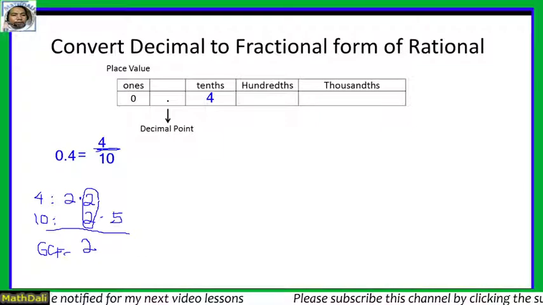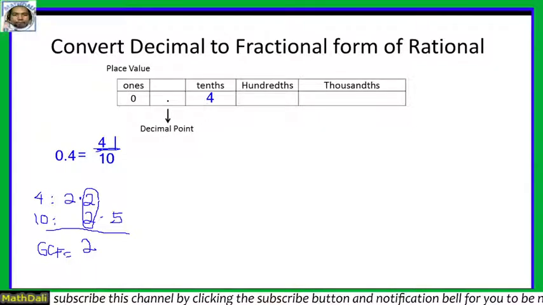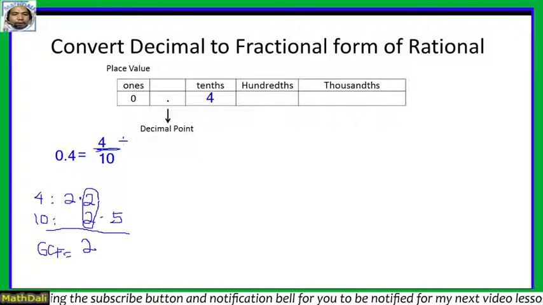So, yan yung i-divide natin both numerator and denominator. Lalagay natin dito. So, yung 4, i-divide nyo yan sa GCF. So, divide natin to. 4 ng 2. Ganon din naman yung denominator.